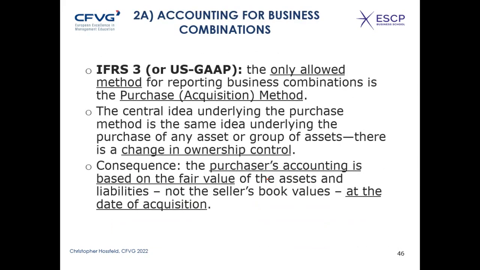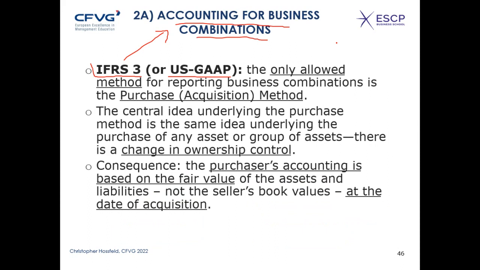In terms of IFRS, the regulation we have to follow here is IFRS number 3. We have exactly the same approach in US accounting, US GAAP. And IFRS number 3 is called accounting for business combinations. That means it's not specifically made for stock acquisition cases.